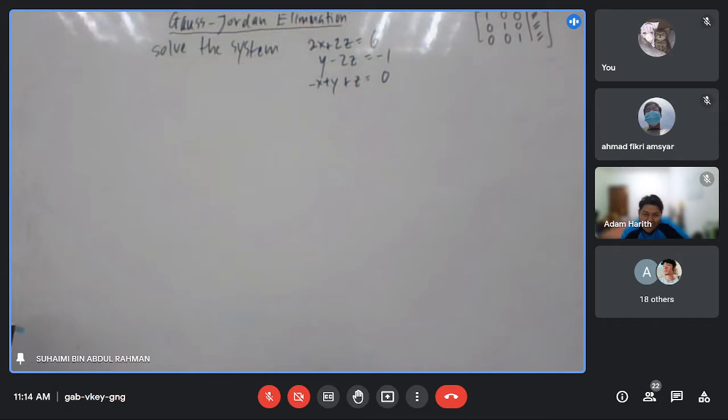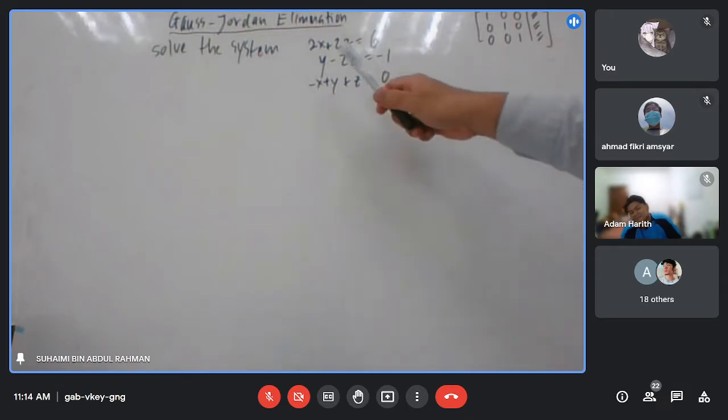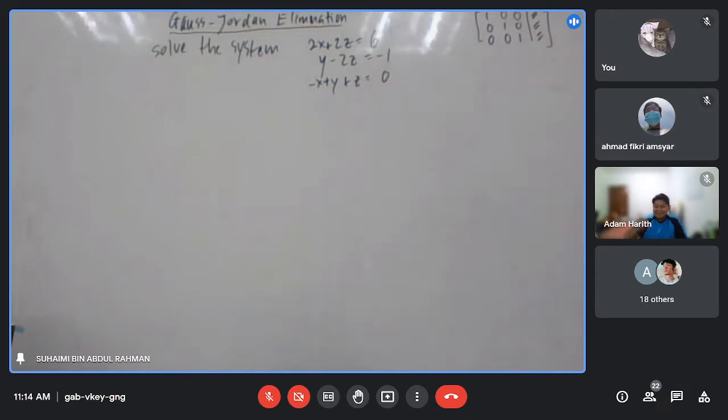For the case that we have no coefficient, like the first one, x plus 2z, no coefficient of y, we consider that the coefficient of y is 0.